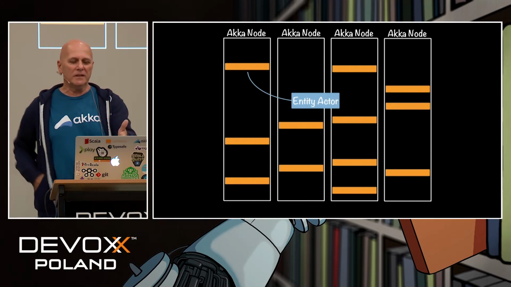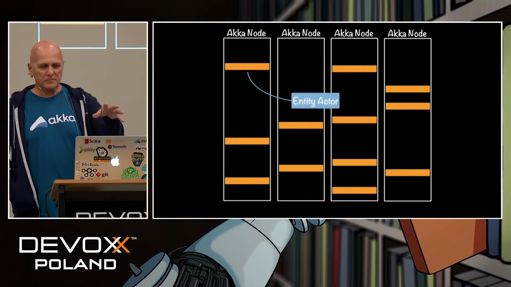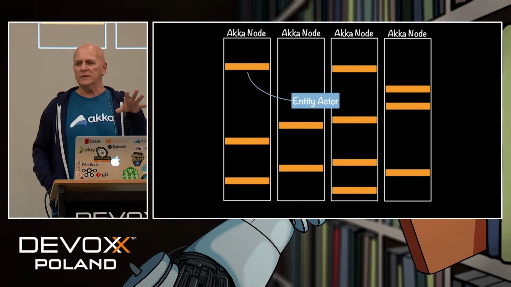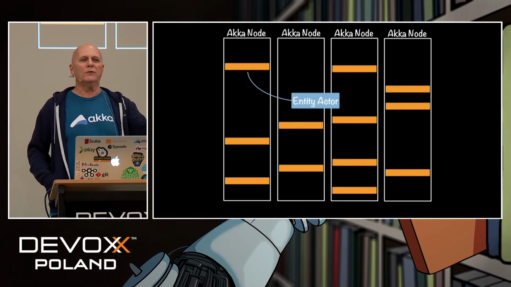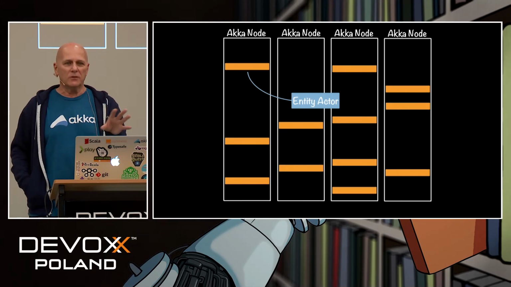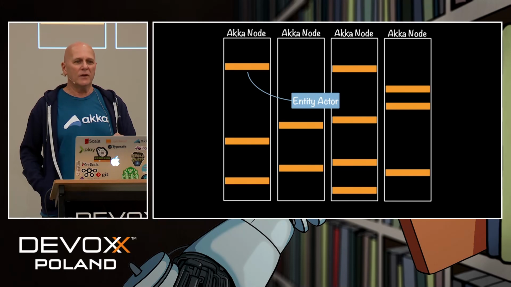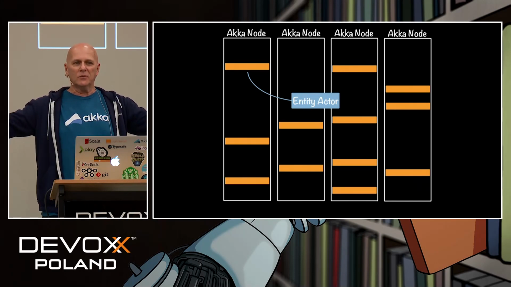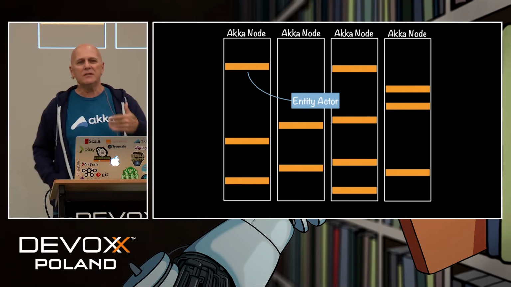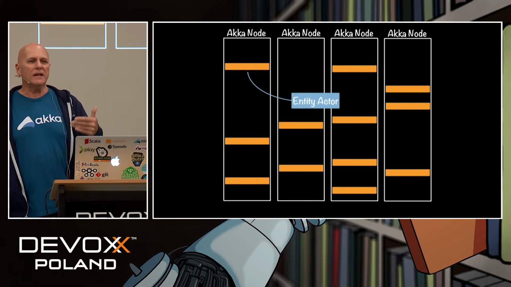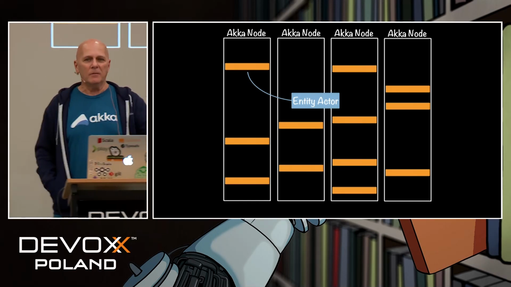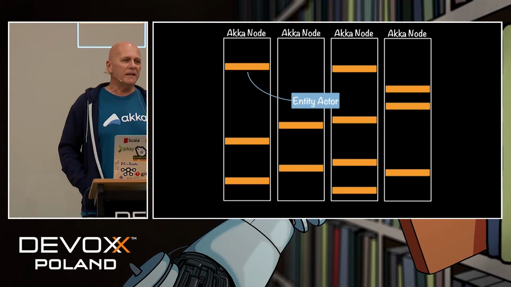So the example I'm showing here is that I've got 4 nodes, 4 JVMs running on 4 different machines or 4 different containers that are talking to each other over the network, and I'm creating actors in that environment. And these actors are being distributed across the cluster. So in the case of event sourcing in CQRS, the main actors are what are called entity actors.